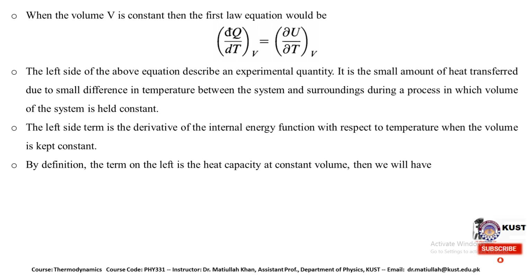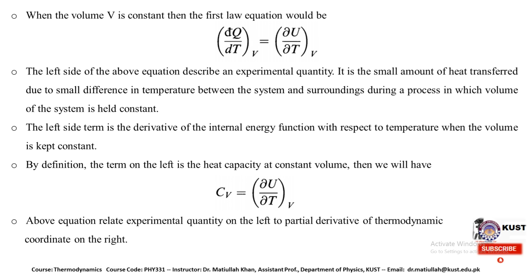Here, the right side of the equation is the derivative of internal energy with respect to temperature when the volume is kept constant. So by definition we can put that the change in internal energy with respect to temperature when the volume is constant is the specific heat at constant volume.